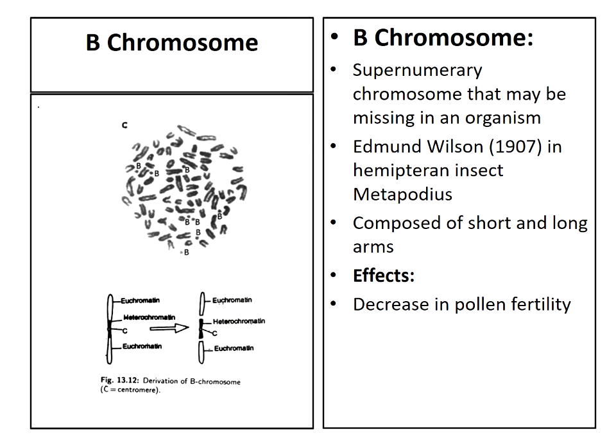So these B chromosomes are supernumerary, and they might be present in some organisms or absent. The B chromosome was discovered by Edmund Wilson in 1907 in a hemipteran insect called Metapodius.